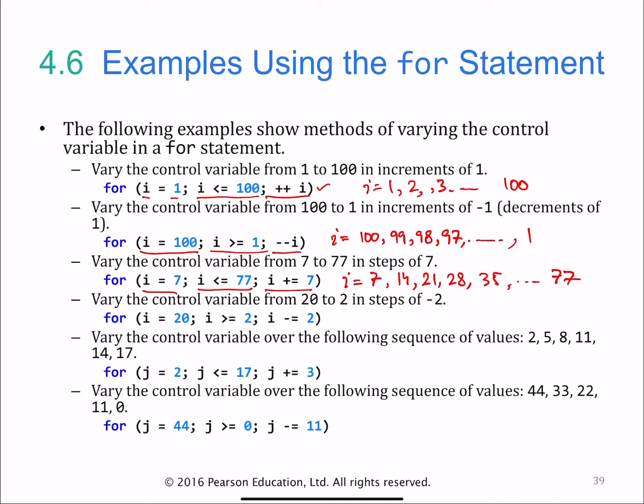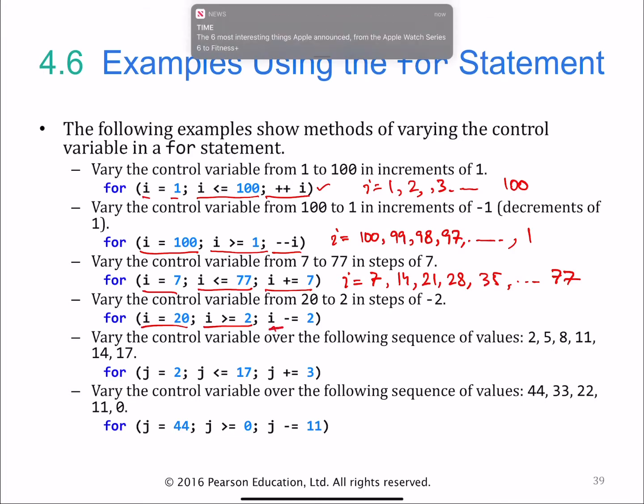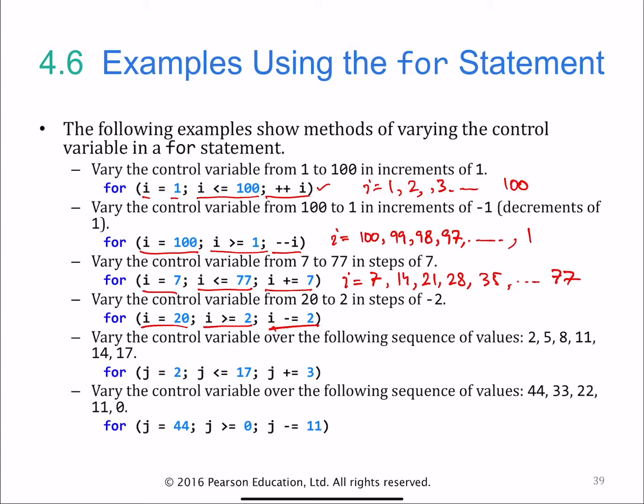So this will be 11 iterations if you count them. The one following that initializes I to 20, goes as long as I stays larger than or equal to 2, and over here we are subtracting 2 at every step. So in this one I will start at 20, then it will become 18, 16, 14, all the way until it reaches the value 2.